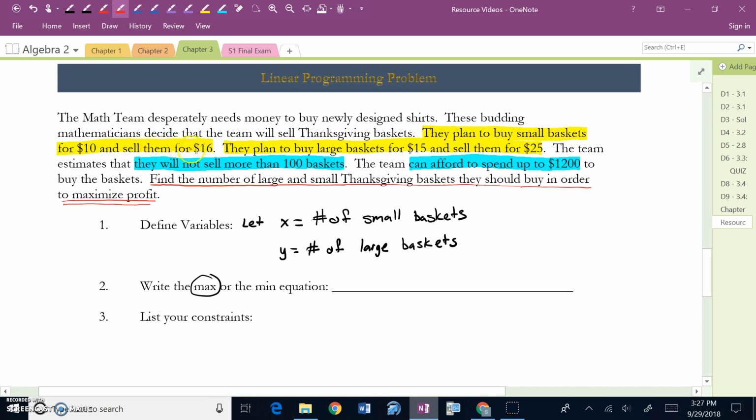Since we are selling them for $6 and buying them for $10, we are making a $6 profit on small baskets. And then interpret large baskets. We're buying them for $15 but selling them for $25. We have to interpret the profit there as a $10 profit.